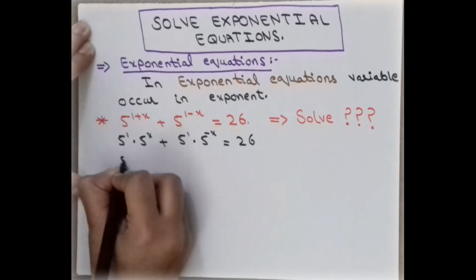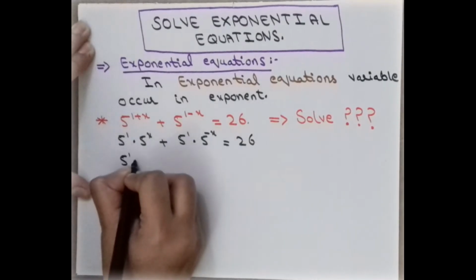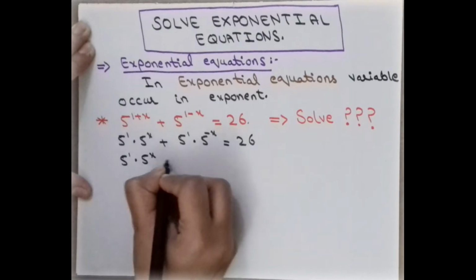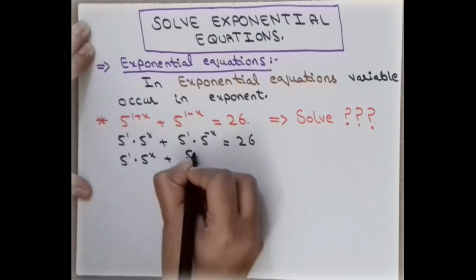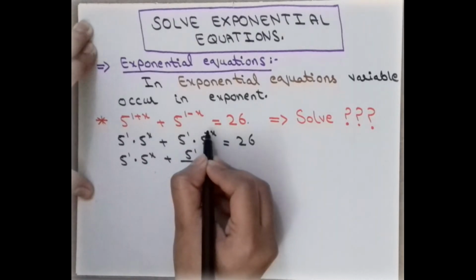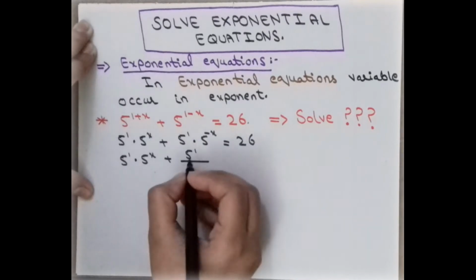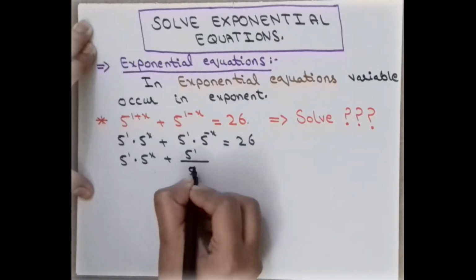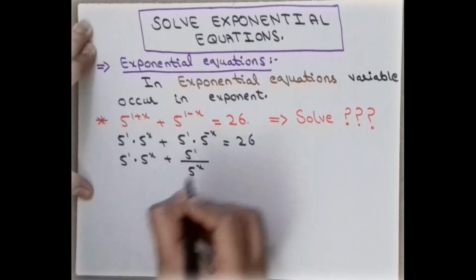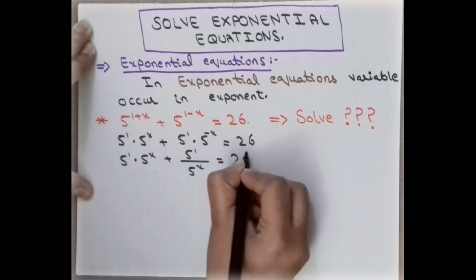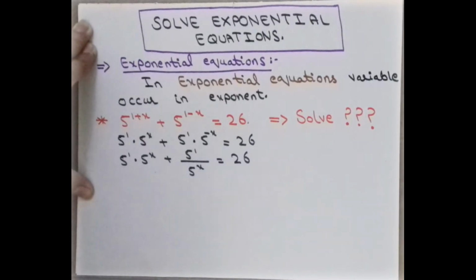Now 5 to the power 1 is 5, so 5 to the power x plus 5, and the power is in negative sign, so we can move it downward and its power will be positive, so 5 to the power x, which equals 26. So what's our next step?